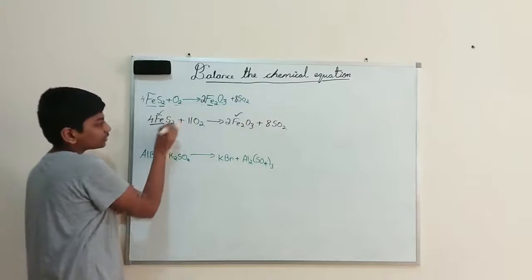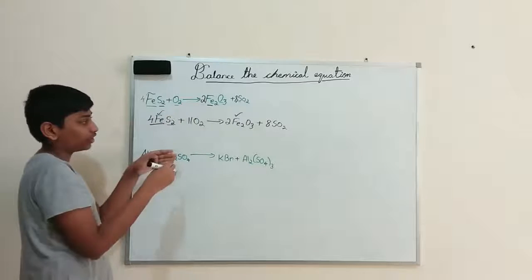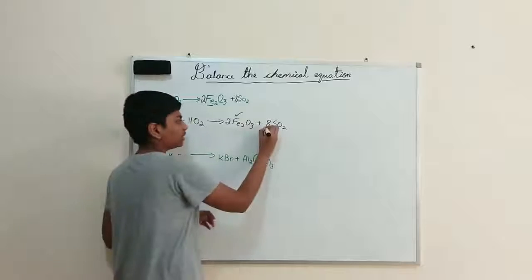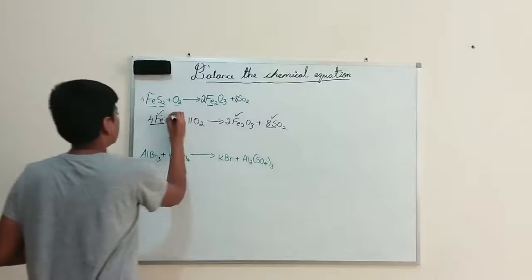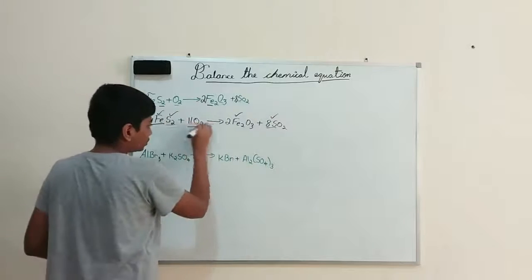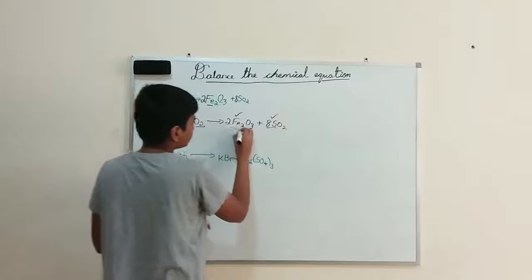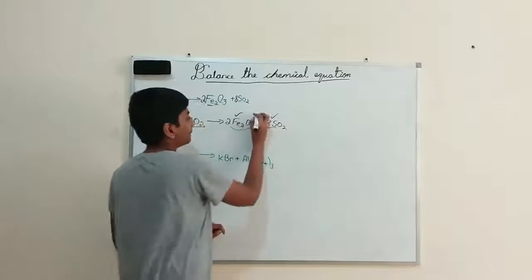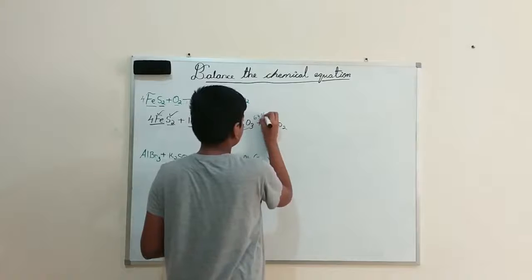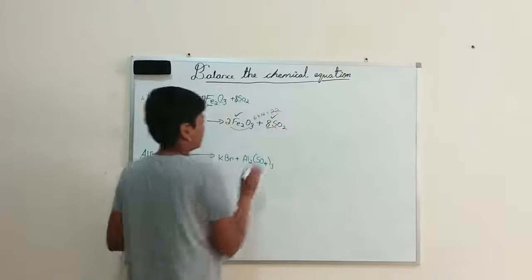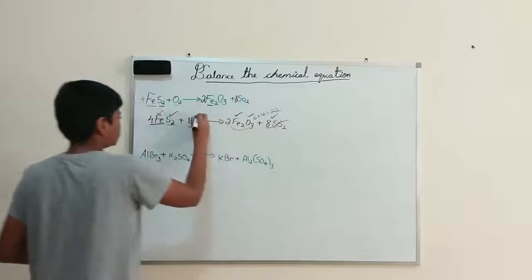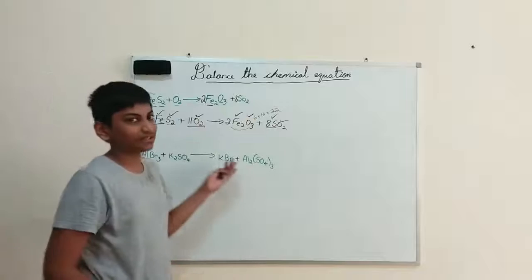So here S2, but 2 into 4 gives me 8 sulfur. Here also 8 sulfur, so they both are equal. Here 22 oxygen, here 2 into 3 gives me 6 oxygen, plus 16 gives me 22 oxygen. So the oxygens are also balanced. So my chemical equation is balanced.